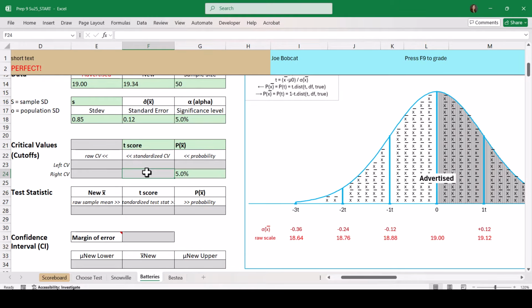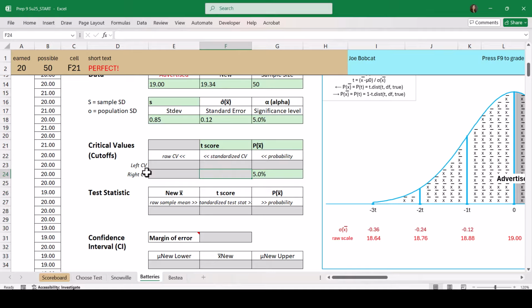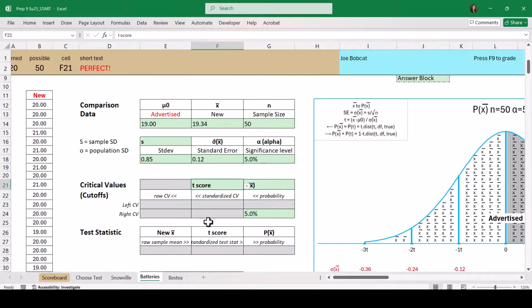And then we are going to find the standardized score that cuts off the top 5%. This is the t-score, and the function for that is T.INV. We're going to do 1 minus 5%, because we want the top 5%. And then the degrees of freedom is the sample size minus 1.